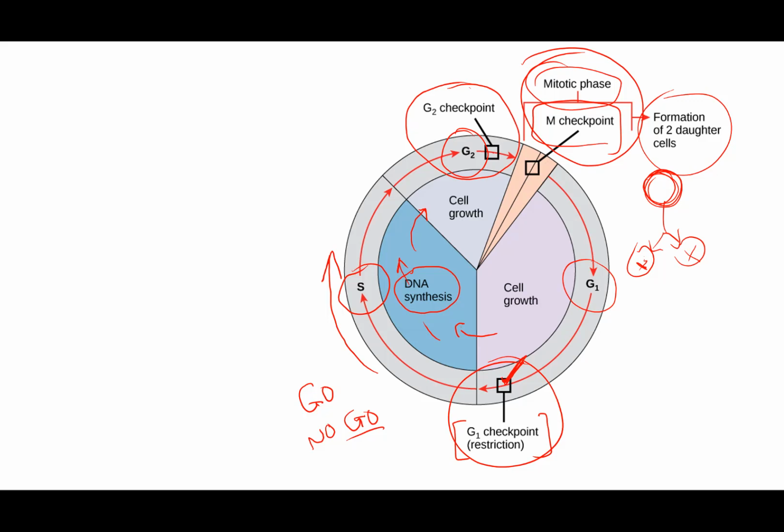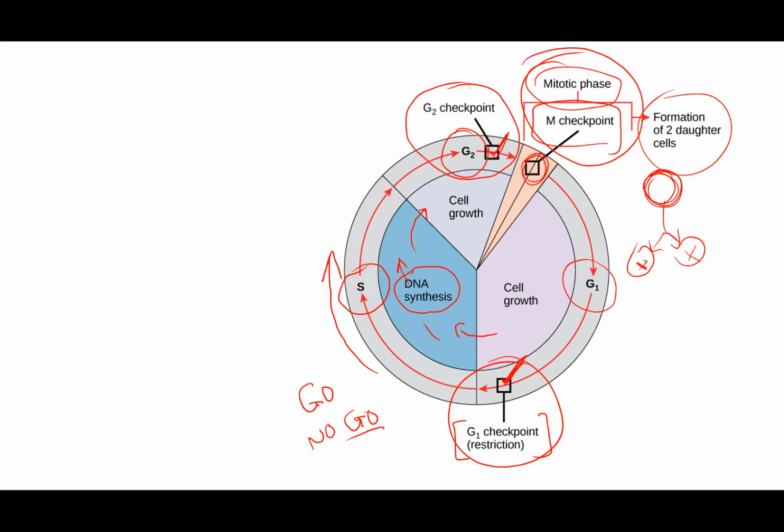So at the end, when this checkpoint is passed, we say, okay, yeah, we have enough DNA. We have twice the amount of DNA. It's not damaged, and if it was damaged, then we can repair it, so it's worth repairing. Then and only then we will move on to the mitotic phase. But hey, guess what?